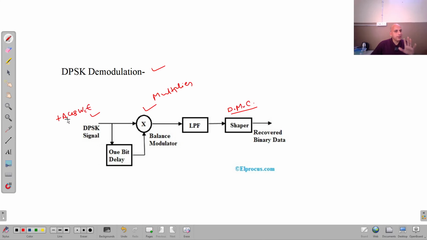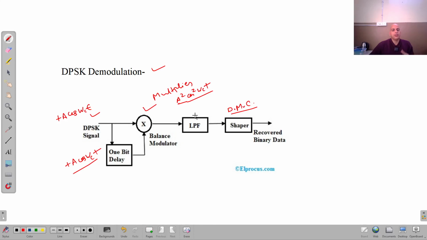Let the previous bit also be plus A cos omega_c t. Then the product modulator will multiply these two signals, and we will get something positive. It will be A squared cos squared omega_c t, right?